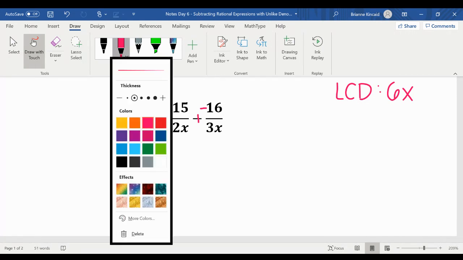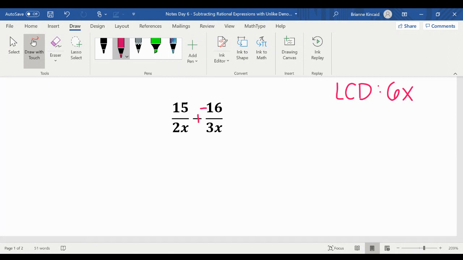And then we ask the question, or like we said, we can always divide. I can take 6x divided by 2x, and I can take 6x divided by 3x to determine what I need to multiply each of these by. And so in the first fraction, 6x divided by 2x is going to give us 3. So both numerator and denominator get multiplied by 3.